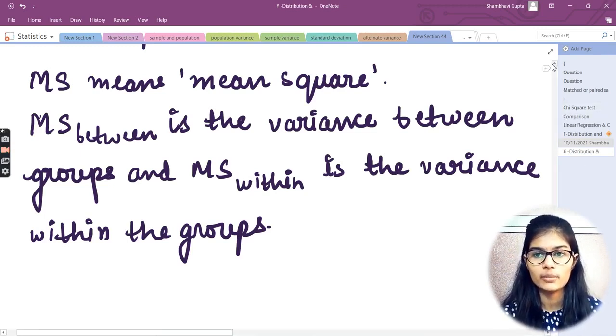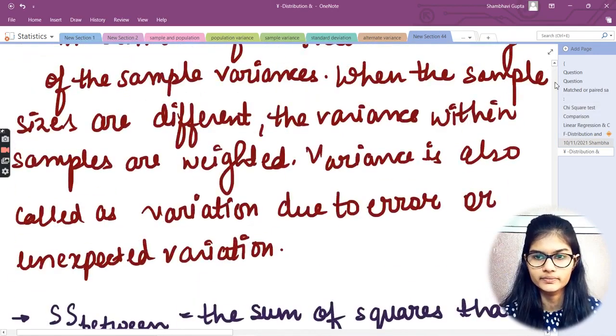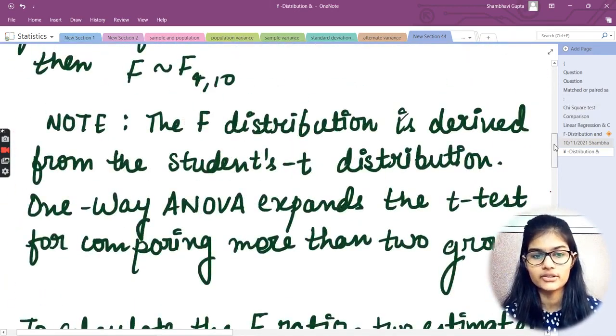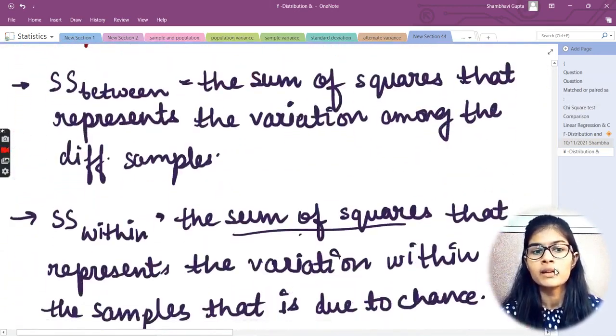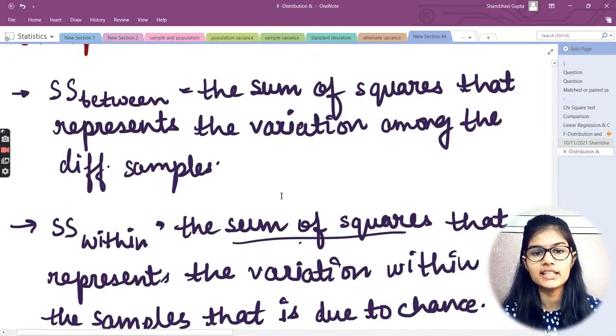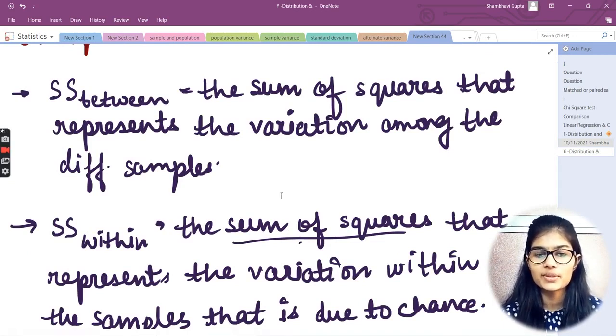Let me take you a little bit above once. SS was the notation that we used, right? We used SS between, the sum of the squares that represented the variation among the different samples. So SS means the sum of the squares. What does SS between represent?